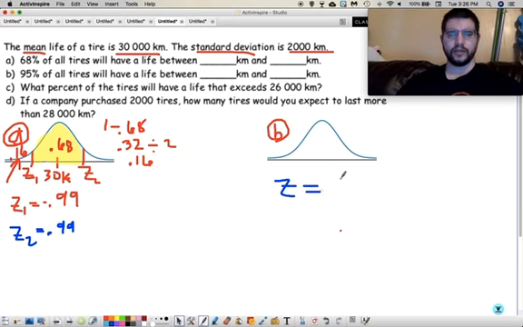We know z is equal to x minus mu over sigma. Multiply: z times sigma plus mu. It's going to get us x. This is the formula we need.